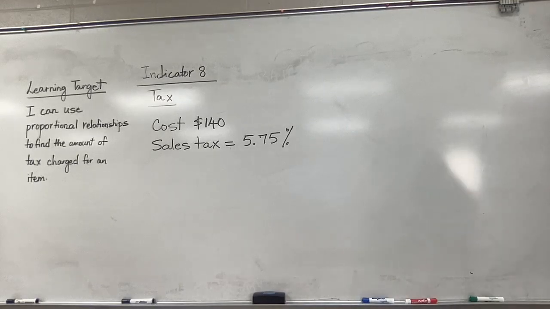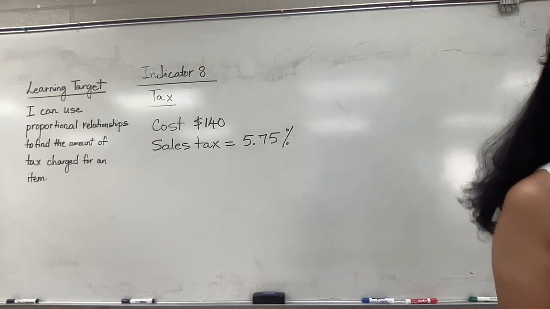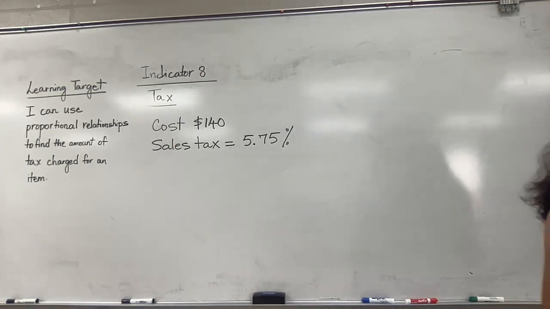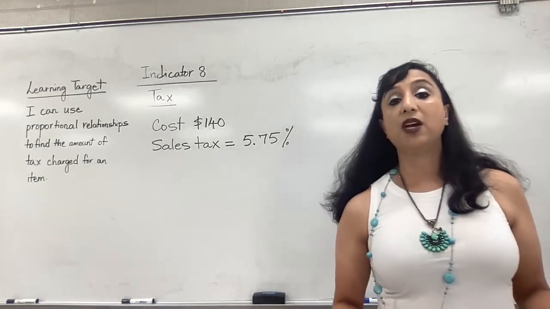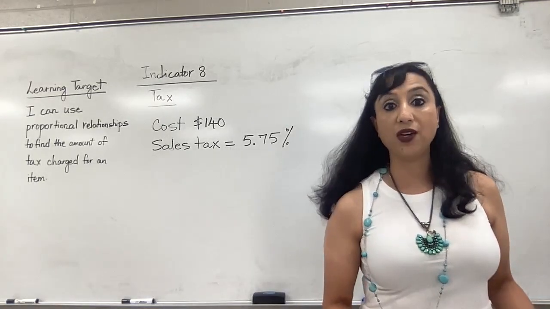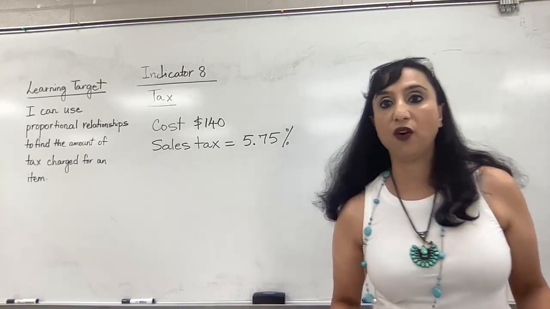All right, so before you can find the total cost that Carrie paid, what quantity do you need to find? Obviously, what we have to first find is the sales tax, because that will then be added on to the cost of the $140.